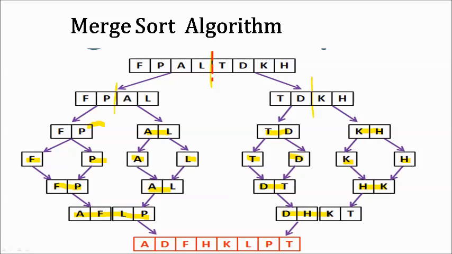We have D, H, K, T. After that, we merge and sort the AFLP and the DHKT. Now we arrive at A, D, F, H, K, L, P, T. That's how the merge sort algorithm works. Any question? Do you understand?